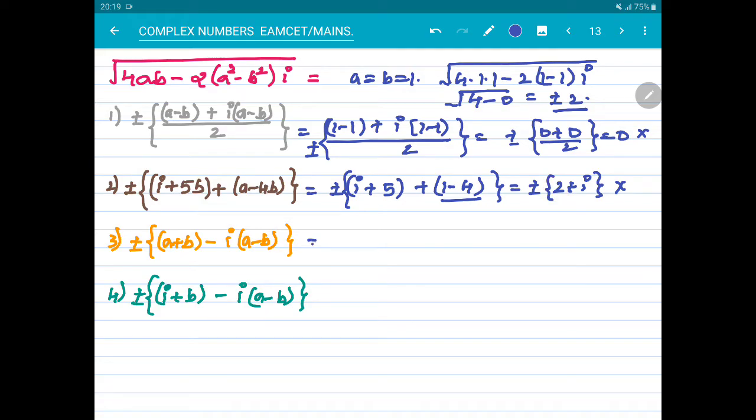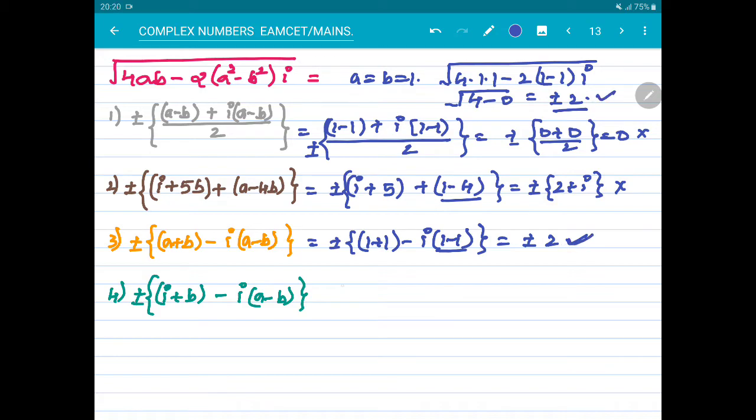In the third option, let us substitute a = 1 and b = 1. 1 plus 1 minus i times 1 minus 1, this value will be 0. So the answer will be plus or minus 2. No doubt, third option is the correct option. So here plus or minus 2, here plus or minus 2.